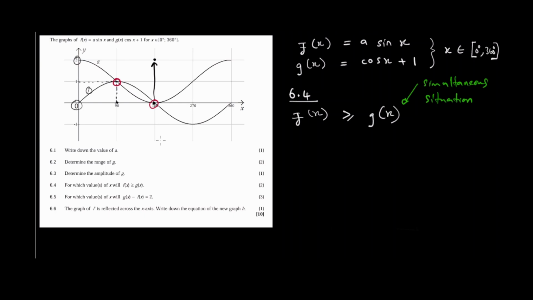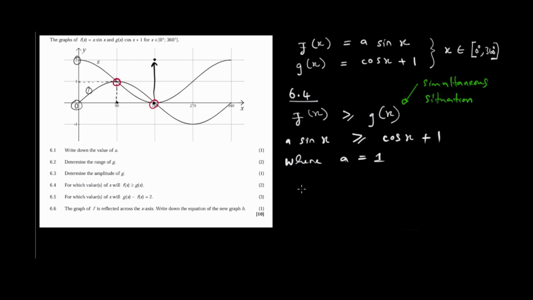Now after that realization, let us do the necessary substitutions. a sin x is greater than or equal to cos x plus 1. And we already know that a is going to be equal to 1 because of the calculation we did.